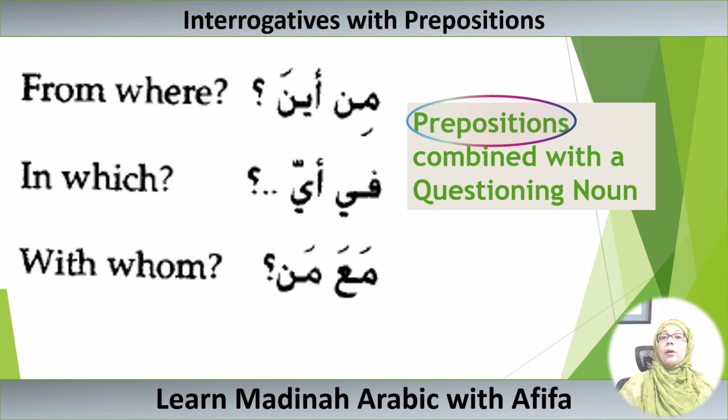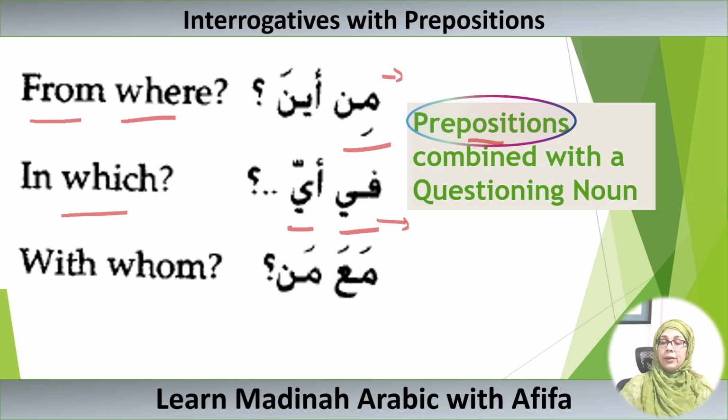Now we're going to combine prepositions with questioning nouns, as in a few examples here. In the first one, min aina, it means from where; min is your preposition to mean from. In the next example, you can say fi ayyi, it means in which, where fi is your preposition to mean in.